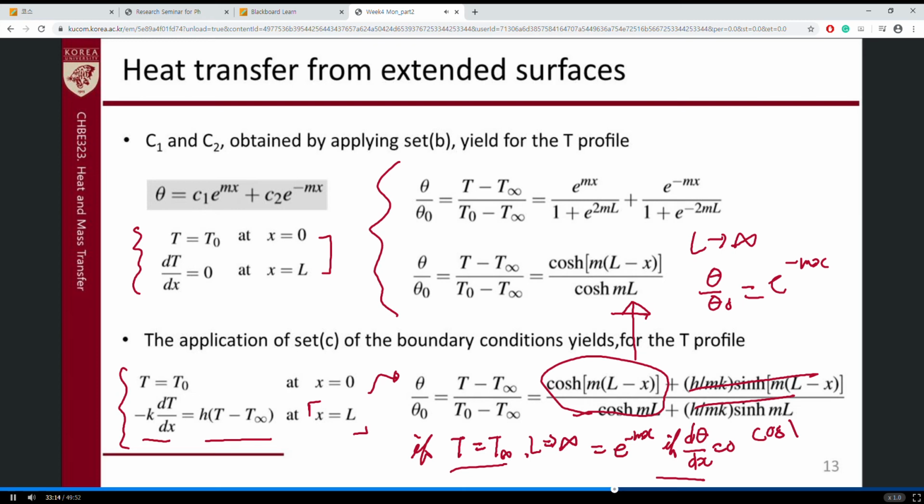This is kind of a homework that you must think about: why the solutions can be exactly the same under some specific conditions. Okay, these are very important.